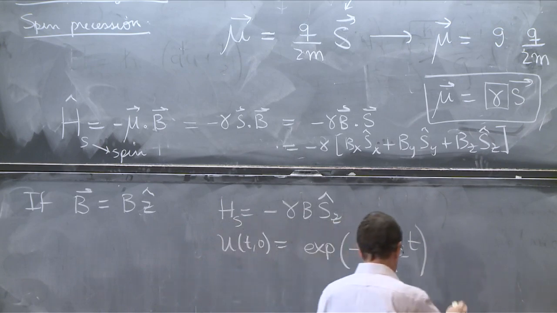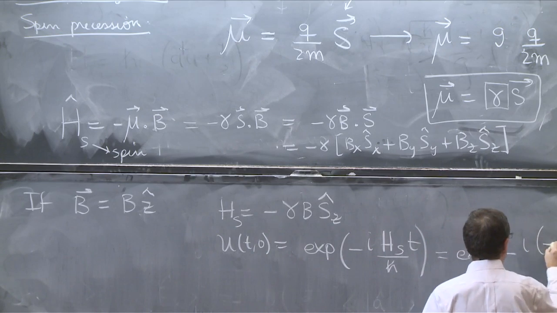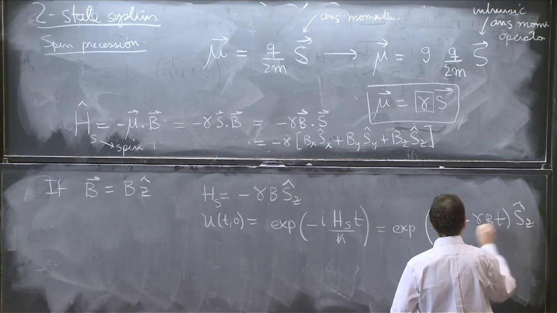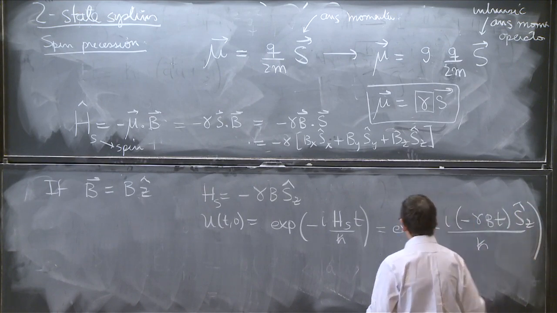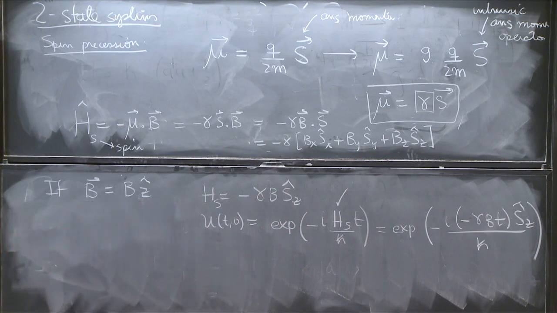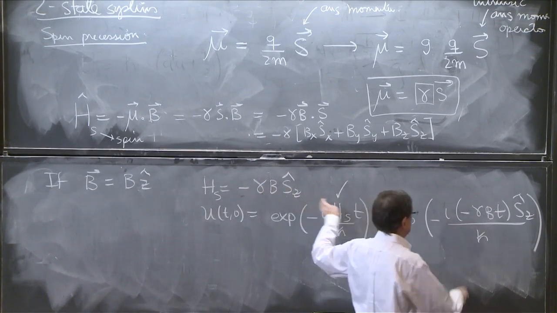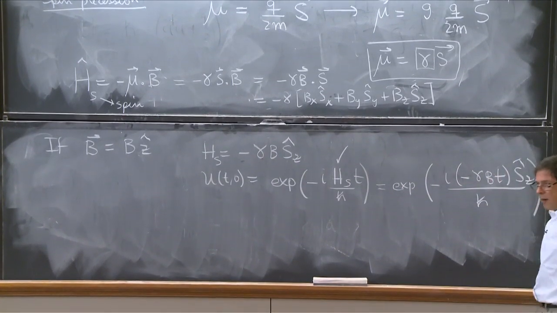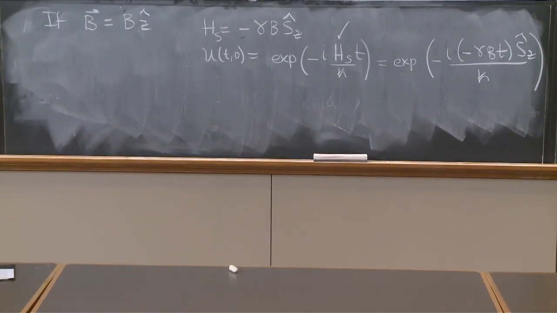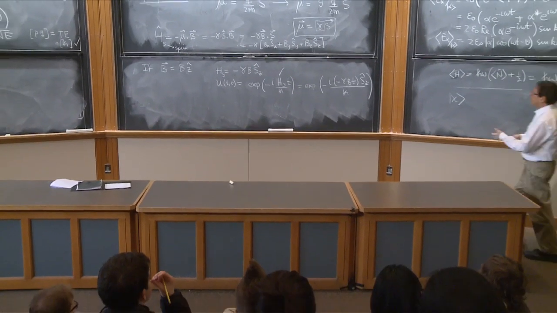And I'll put it like this, exponential of minus i times minus gamma B t Sz over h bar. So I substituted what Hs is, moved the t inside the parentheses, minus gamma B Sz, put the Sz out and put this here. So far, so good. This is our time development operator.